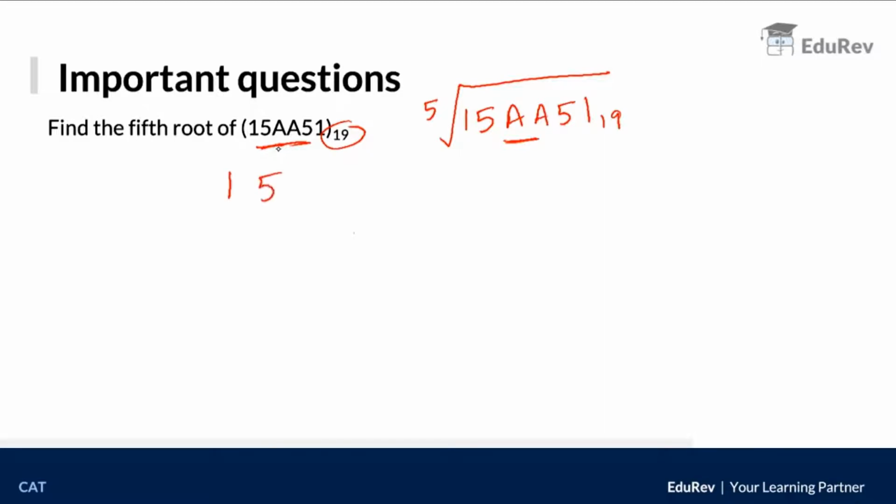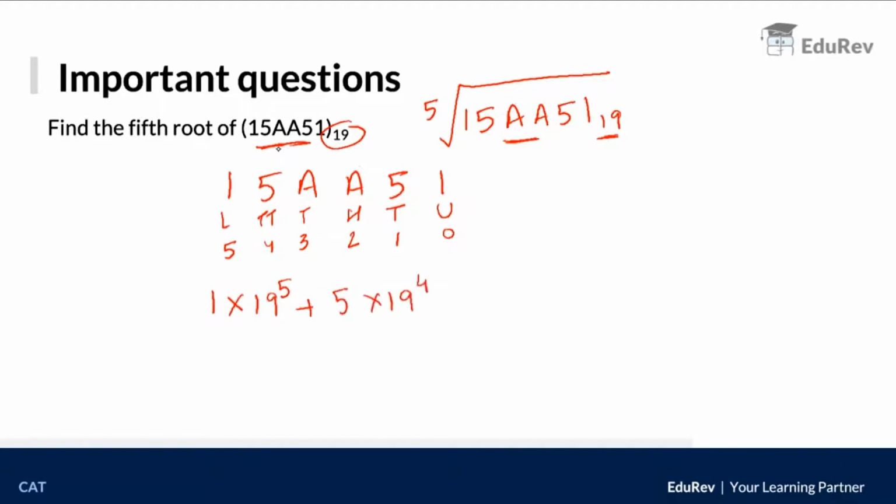15AA51. Basically this represents the units place, tens place, hundreds, thousands, 10,000s and lakhs. So here generally we multiply with the power 0, power 1, power 2, power 3, power 4, power 5. So your number can be written as 1 into 19 raised to 5, because your base is 19, plus 5 into 19 raised to 4, plus, now A is not defined in the decimal system, but we know A represents 10. So we will write A as 10.